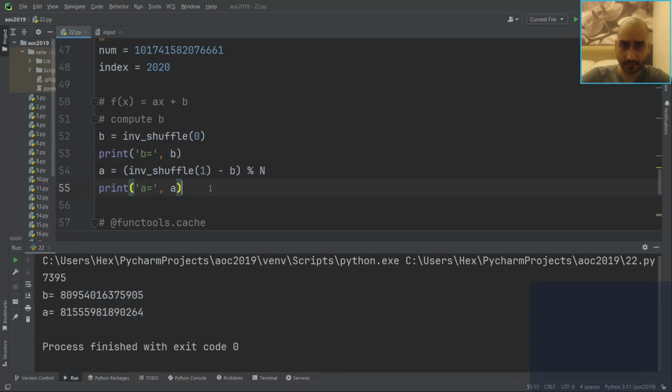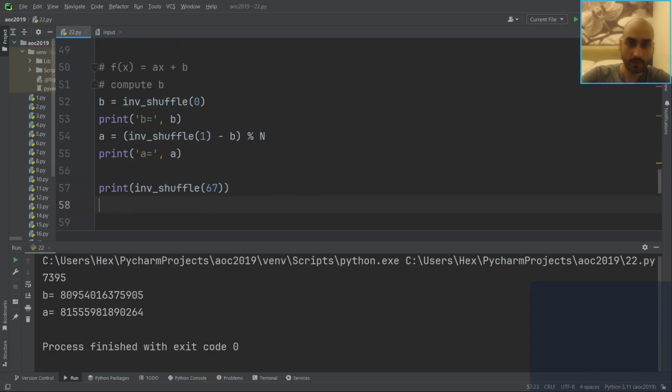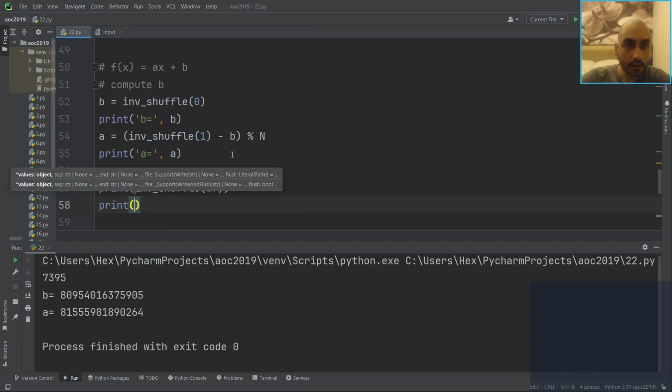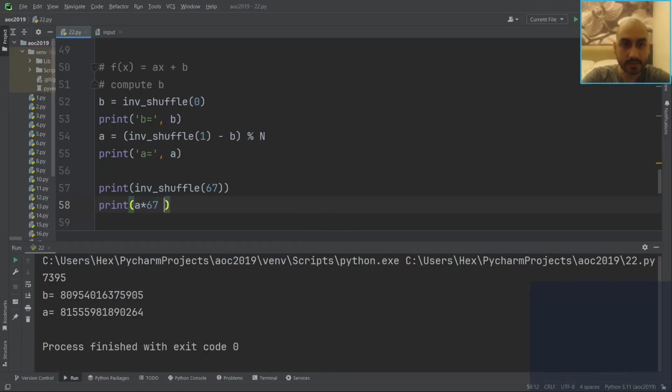Now let's test this theory. So we do inverse shuffle of, let's pick some number, 67. And print A times 67 plus B mod.